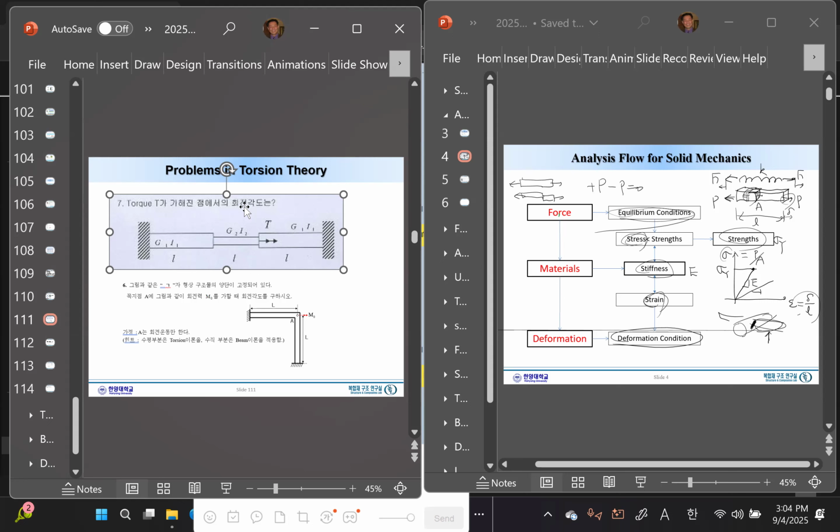Rather than in high school, where you are given some mathematics to solve, differential, whatever, and then you just solve. But now as a practical engineer, you should be able to define the problem from the real world. Okay, so let's say what kind of problem it can be like this.